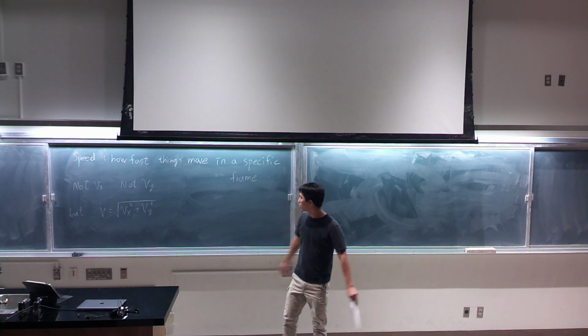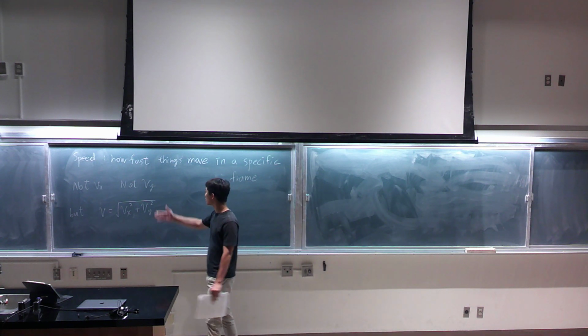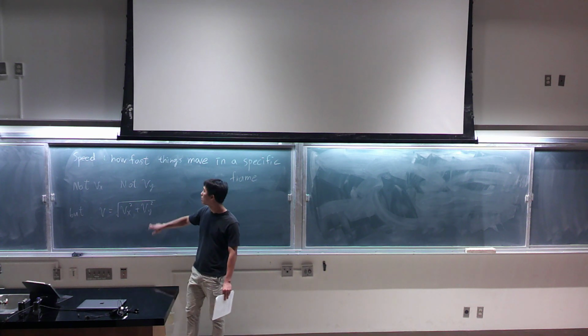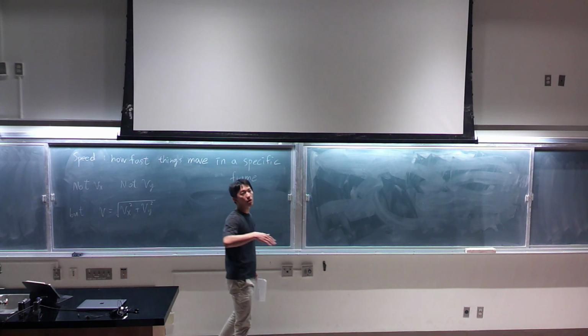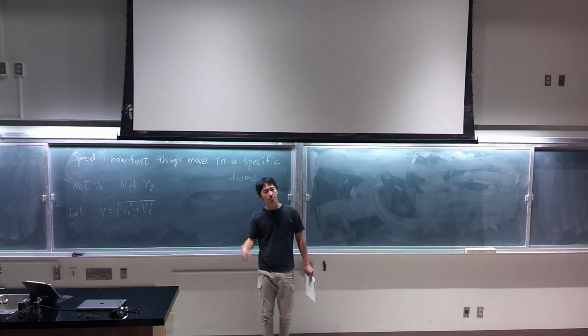If you look at it, you see that it is always bigger than 0 because it is a square root. It will be fine, because you have the square root of Vx squared plus Vy squared. Vx can be positive or negative depending on whether your x position is increasing or decreasing, whether you're moving left or right.